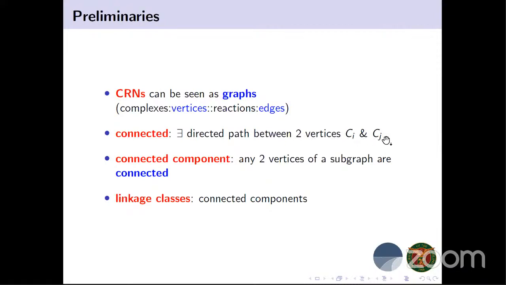A connected component is a subgraph where any two vertices are connected. The linkage classes are precisely the connected components.